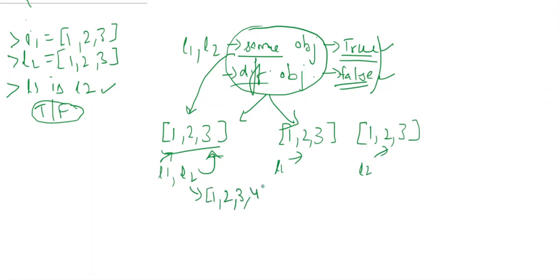So the list will become 1, 2, 3, 4, right? So L2 is happy since the list is now as per its requirement. But L1 only requires a list containing 3 elements. So now L1 is not happy, and this results in a conflict between L1 and L2, right?